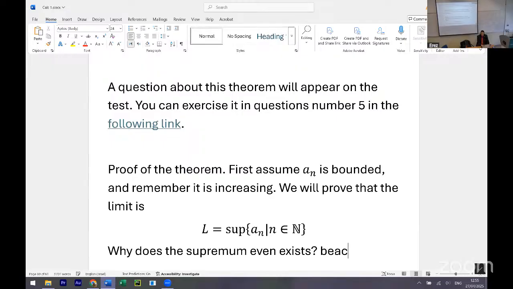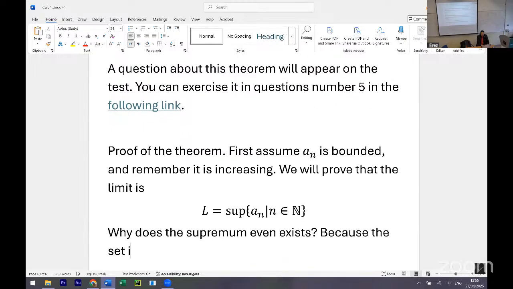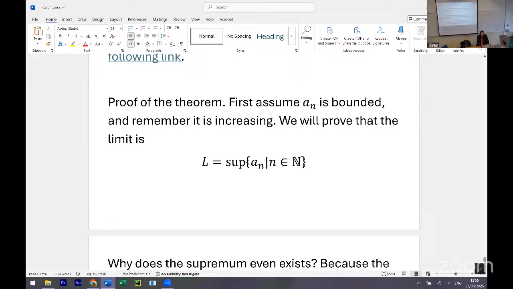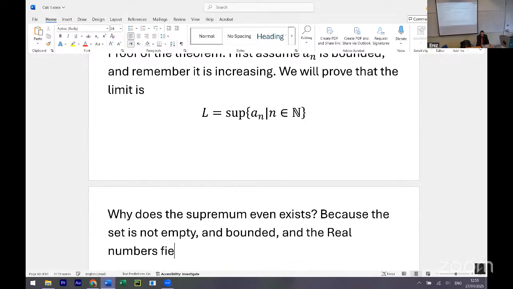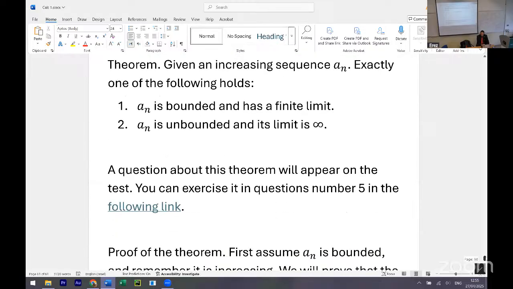Because the set is not empty, meaning we have elements in the sequence, and bounded, and the real numbers field is, I forgot how to say it.